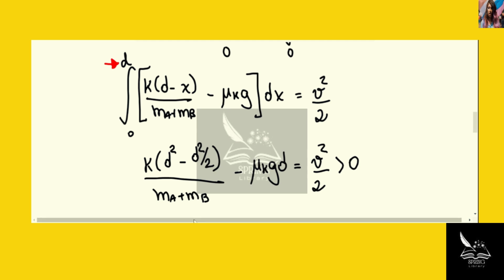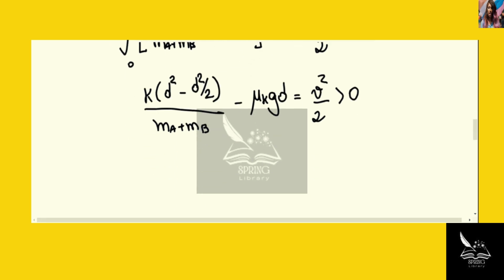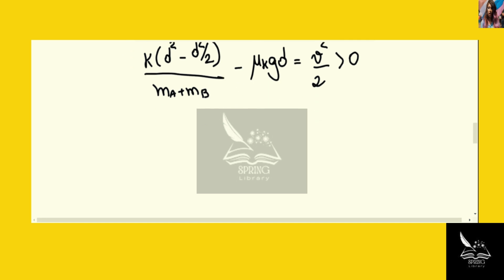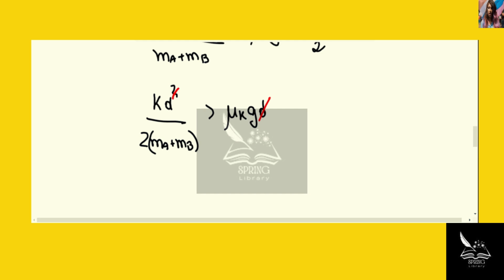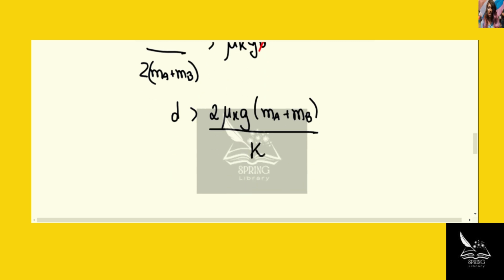So if we want the blocks to separate, V must be greater than 0. So K D squared over 2 times MA plus MB must be greater than mu K G D. One of the D's cancels out, so D is greater than 2 mu K G times MA plus MB divided by K, which concludes our exercise.